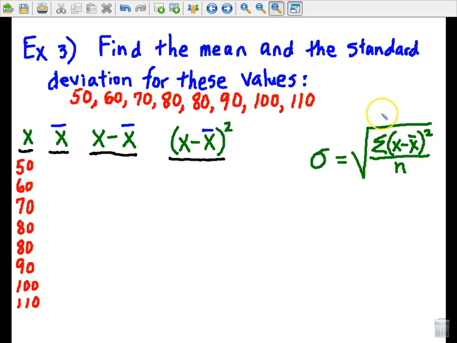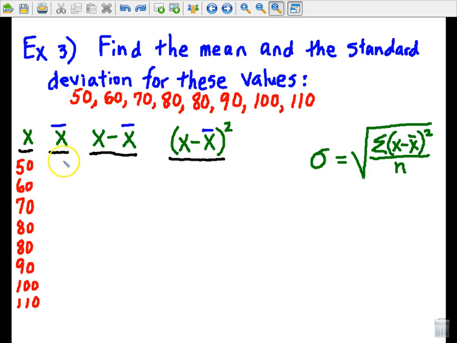And in math classes, when you see this uppercase sigma, it looks kind of like an E shape. That always means summation or summing, add up a list of numbers. Once we finish working our way through these columns, we'll be able to naturally flow right into this formula to find the standard deviation.